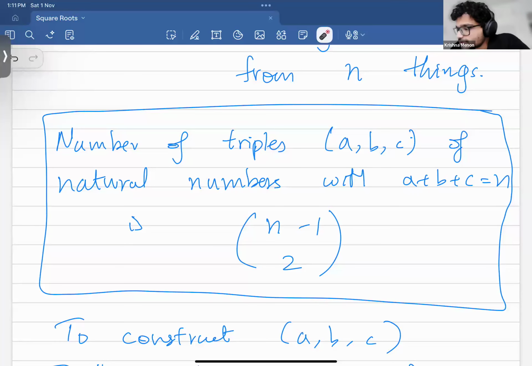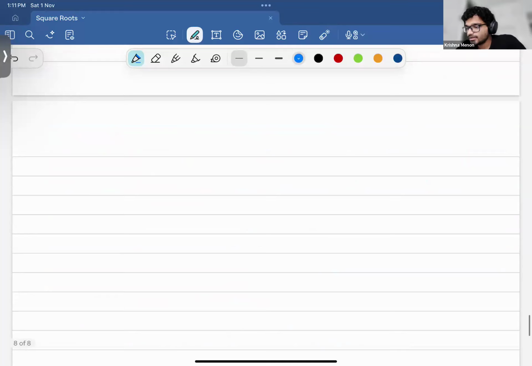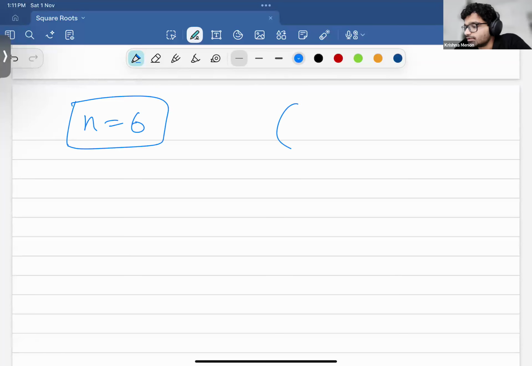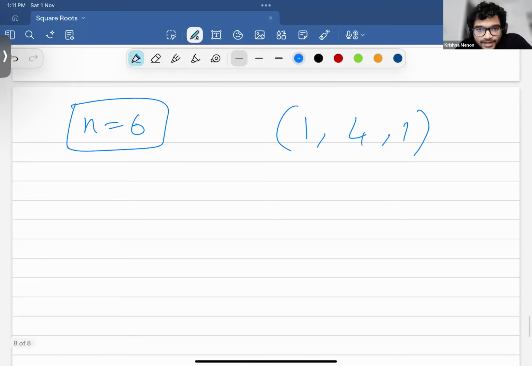Okay? So one way in which you can do that is as follows. I'll just do it with an example. Let us say n is equal to 6, and we are looking at, say, 1, 4, 1. One way in which you can represent this is as follows. You have split 6 into 3 parts.